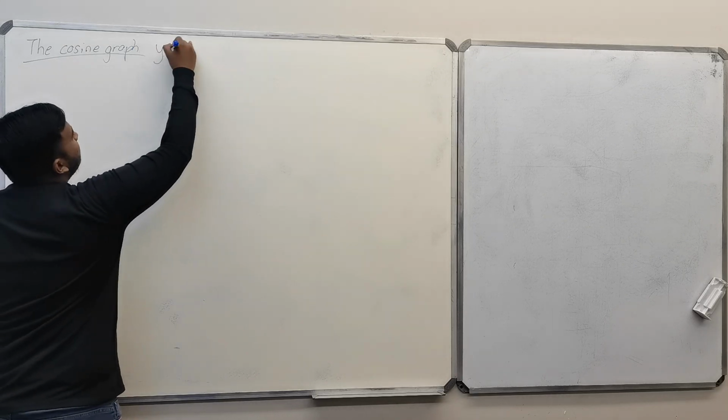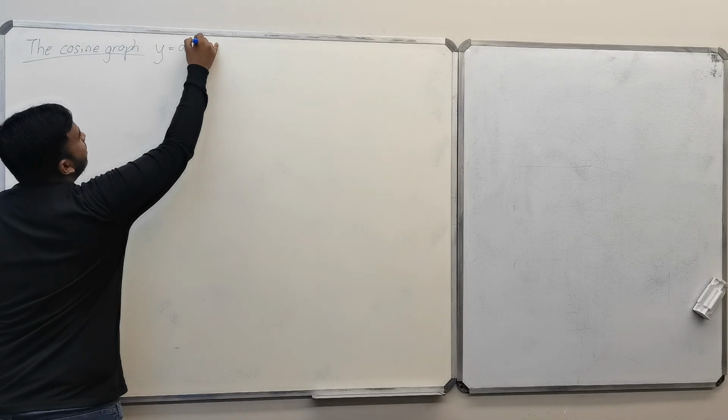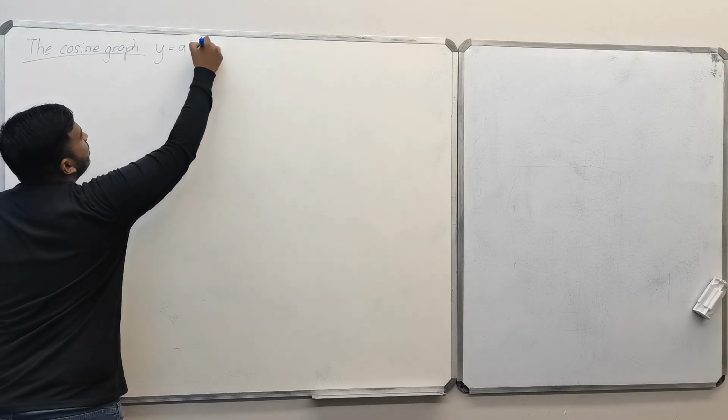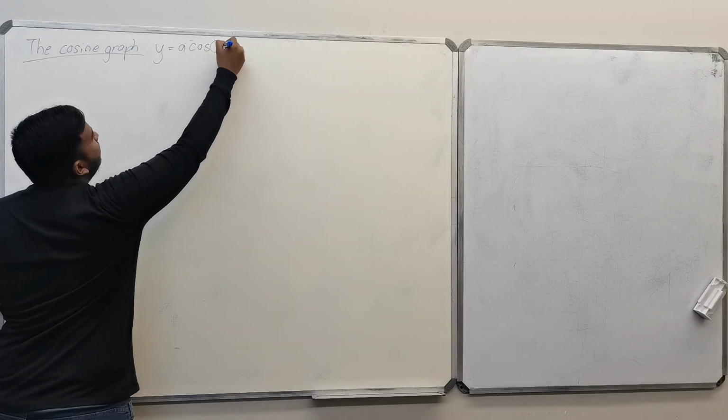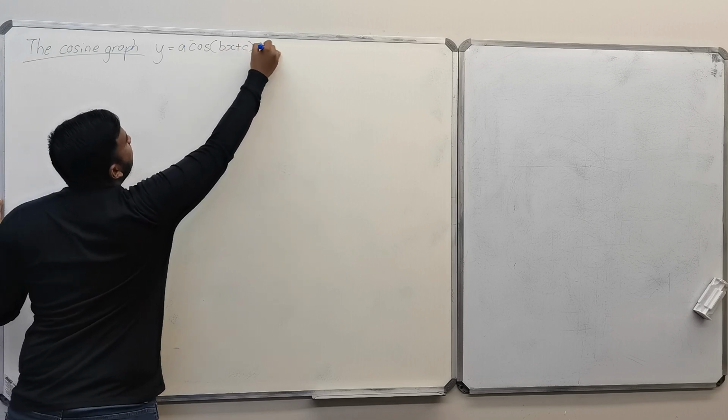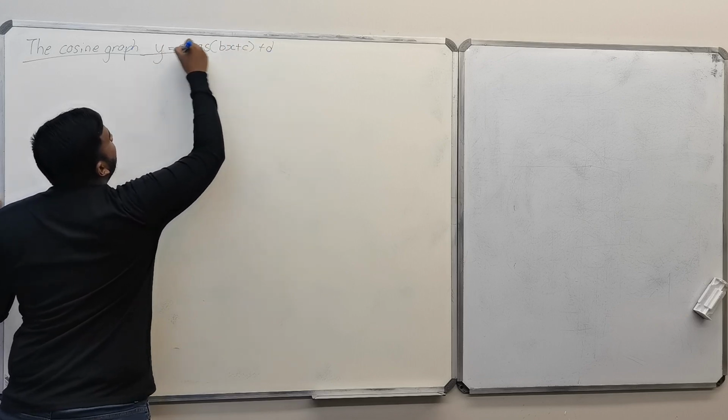Now the same thing is also applicable to your tan graphs and to your cos graphs. Cosine, right? Now we are on cosine. The general formula is y equals a cos of (bx plus c) plus d.